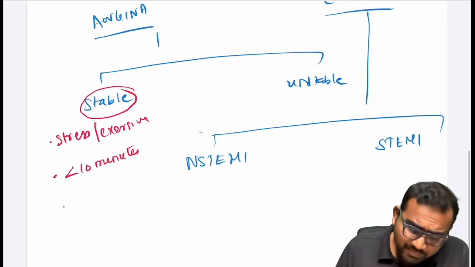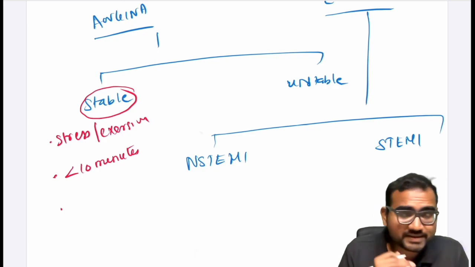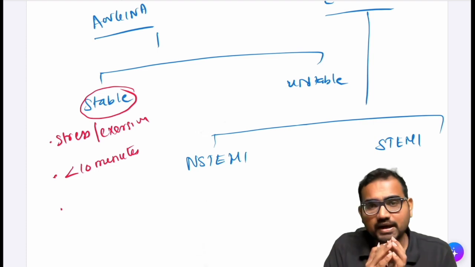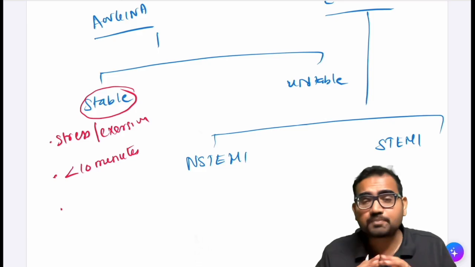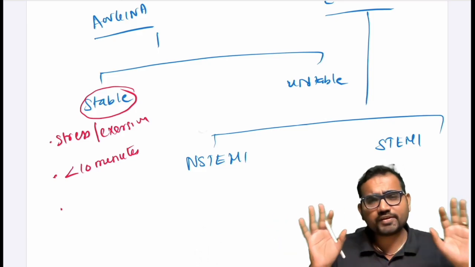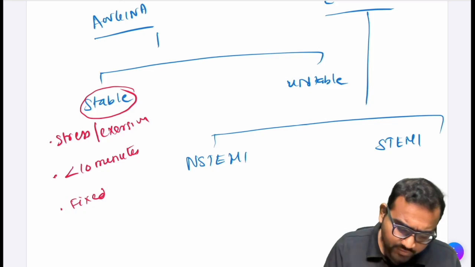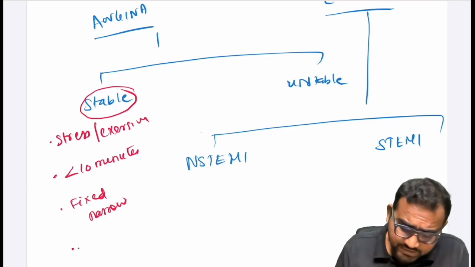Stable angina results in partial occlusion, or in simple terms, there is fixed narrowing of the coronary arteries. What do you mean by fixed narrowing? That is, there is no rupture of the atherosclerotic plaque. It's fixed and it's partial. So there is going to be fixed narrowing of the vessel wall. These patients, when they take rest, it gets relieved. So, relieved by rest.